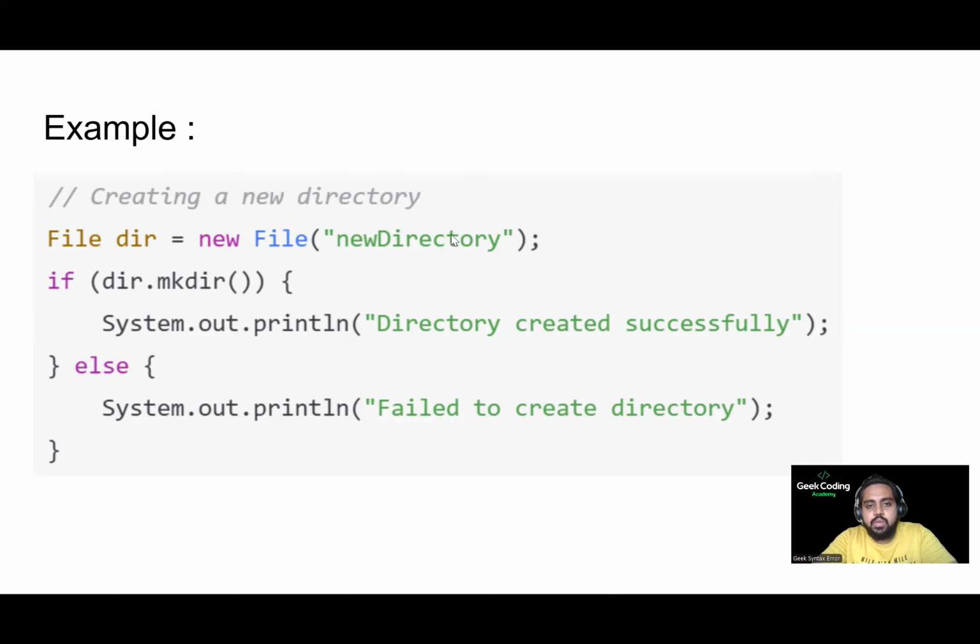I'm not giving a fully qualified path name. If I want to create a directory in a different folder apart from my program, I have to give the fully qualified name. After that, with System.out.println, I'm printing created directory successfully. Else, if something goes wrong, it will print failed to create directory.